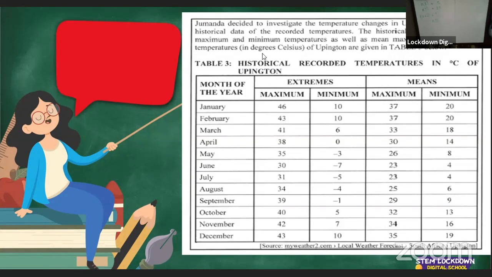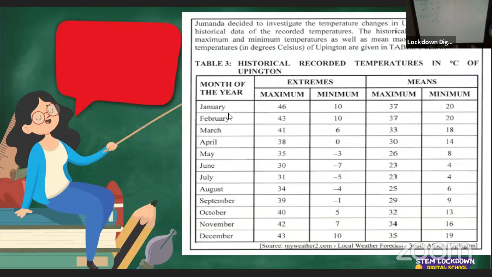Jumanda decided to investigate the temperature changes in Upington by using historical data of the record temperatures. The historical records of extreme maximum and minimum temperatures, as well as the mean maximum and minimum temperatures in degrees Celsius of Upington, are in the table below.